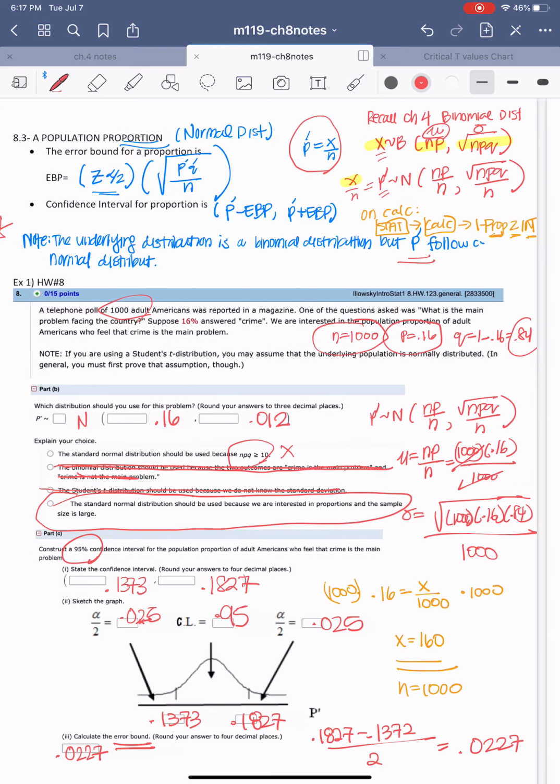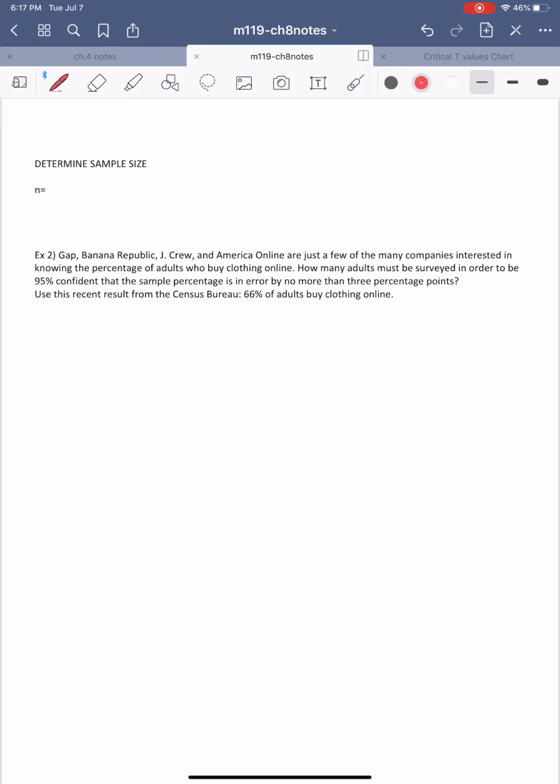All right, last part is determining sample size. We did it with the mean, but what if you have a proportion? The formula is z alpha over 2, your critical value, squared, times p hat q hat, divided by EBP, whole thing squared.